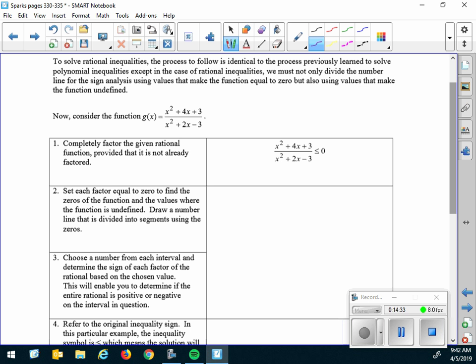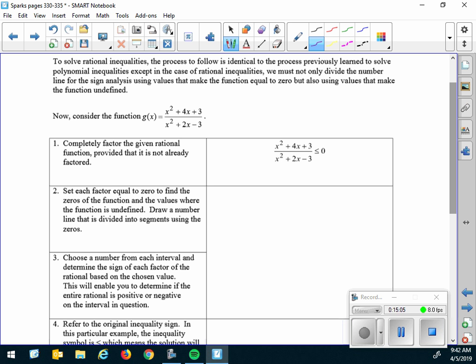To solve rational inequalities, what is an inequality? It's got less thans and greater thans in it. To solve rational inequalities, the process to follow is identical to the process previously learned to solve polynomial inequalities.